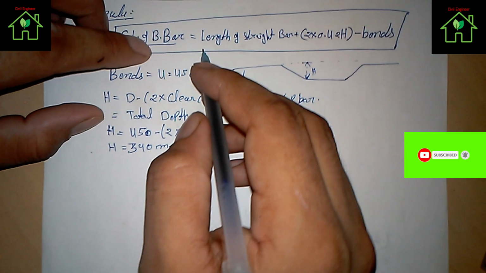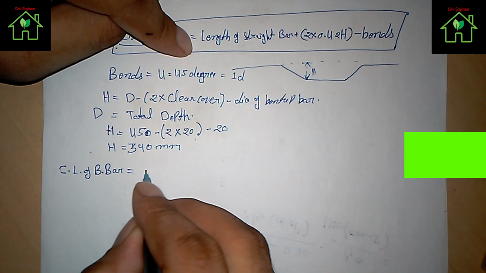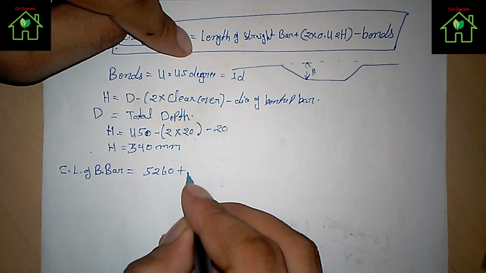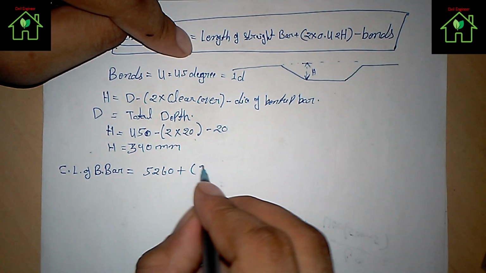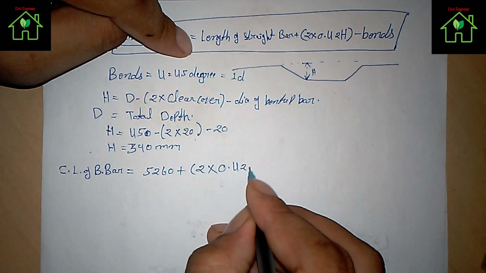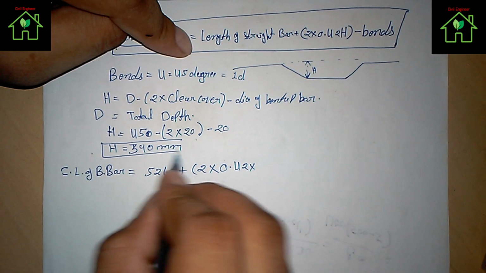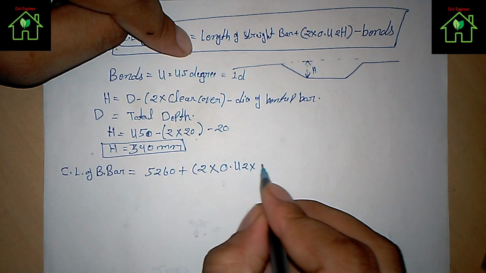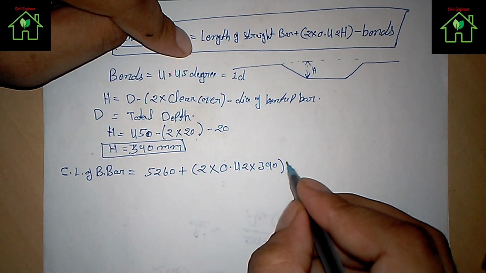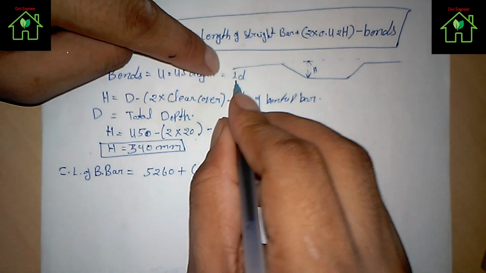So we will apply this formula. Length of straight bar we found is 5260 plus 2 into 0.42 into h. What is the h value? h is equal to 390 minus bends. Bends equal 1D.